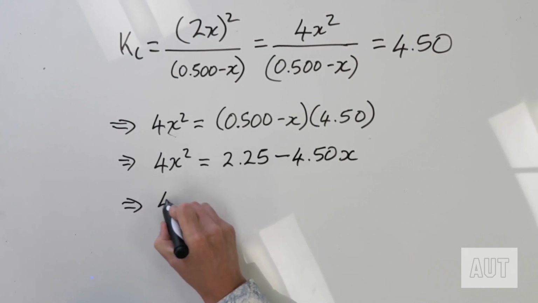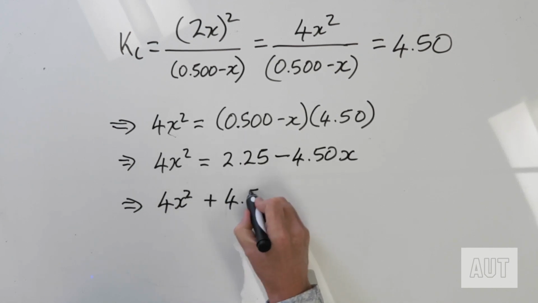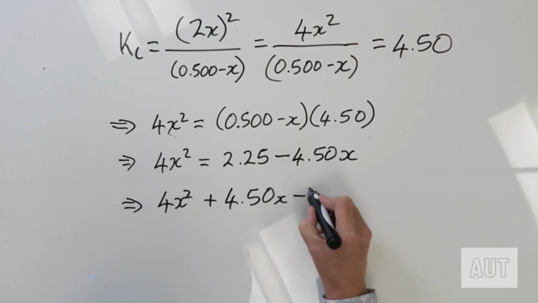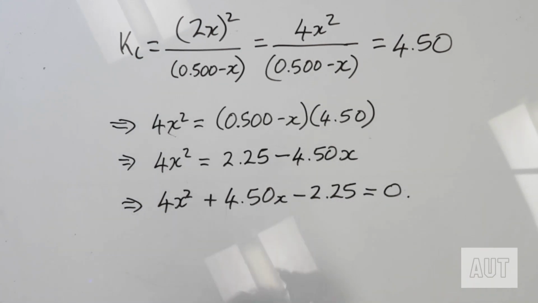And so in other words, 4x² plus 4.5x minus 2.25 equals 0. And you're thinking, where's the chemistry, for goodness sake? I didn't sign up to solve quadratic equations in a chemistry class. Well, sometimes you just have to.